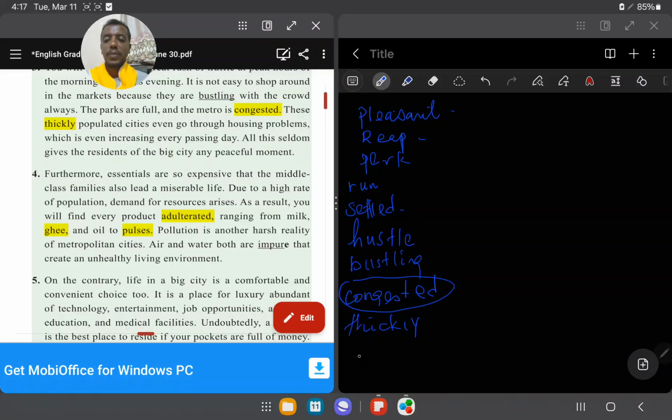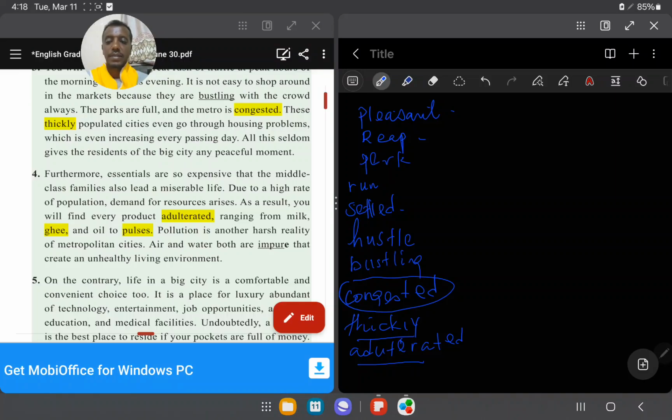So the product is adulterated. What does it mean? Adulterated, thickly. We will see these. Ranging from milk, ghee (here ghee means a kind of pure extracted milk, sorry, butter; we can say ghee here, especially in India, where it is commonly used) and also pulses.